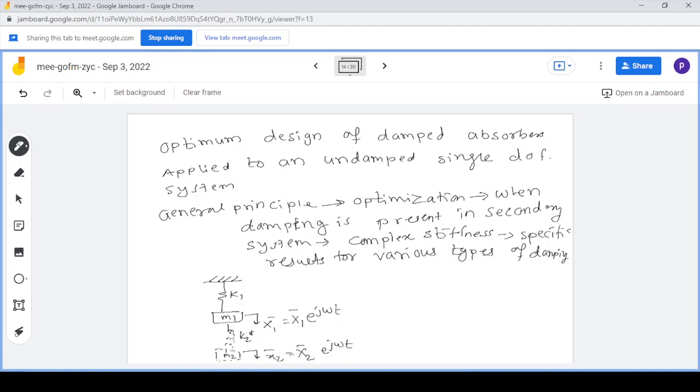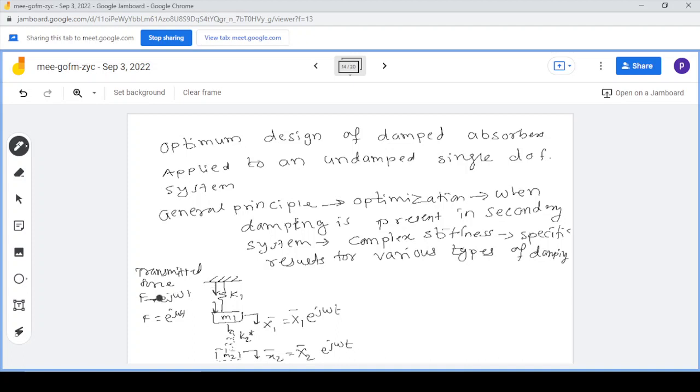So in this case, the transmitted force to the foundation is Ft e raised to j omega t, right? And F is equal to F e raised to j omega t. And how would the force act? Like this, like this.